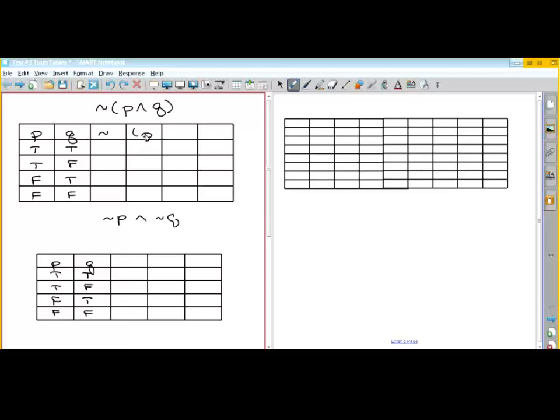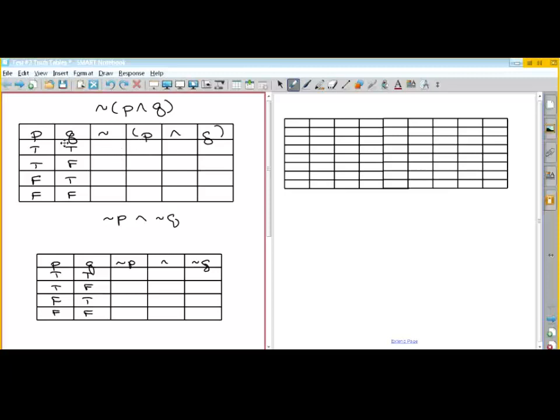Then we have the logic expression that's inside the parentheses. So we need to use all six columns in this case. Down here, the negations are right next to the letters, so those we do separately. If you have a negation outside of parentheses, you have to do what's inside the parentheses first and then do the negation.